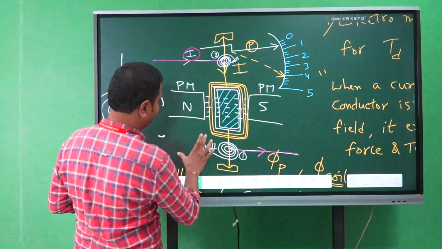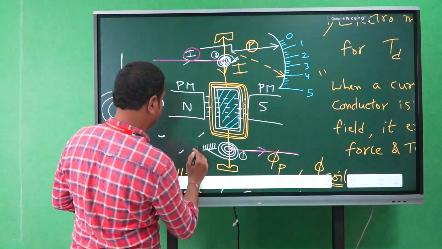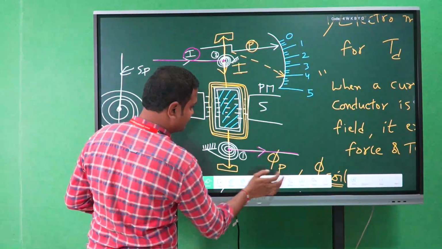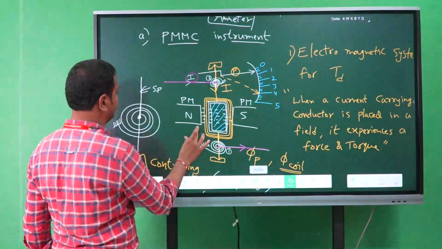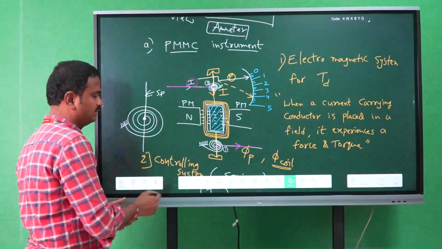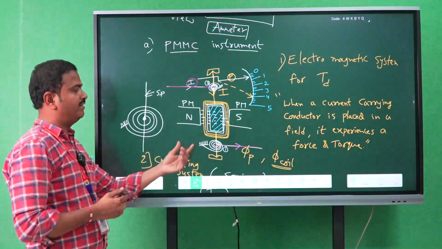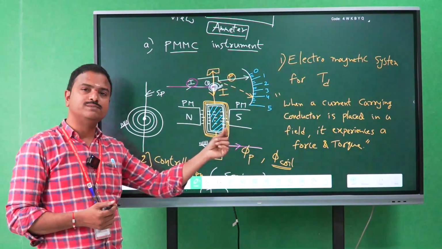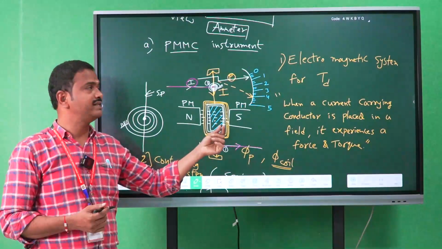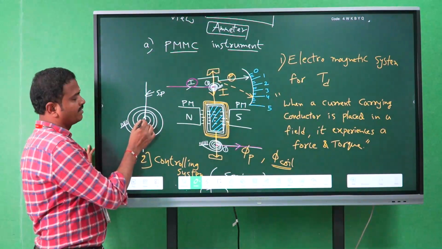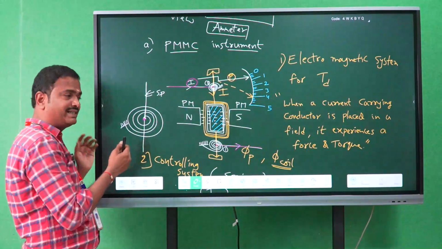How do these springs produce controlling torque? Whenever the coil is moving inside the instrument to represent the value, the spring also gets stretched.